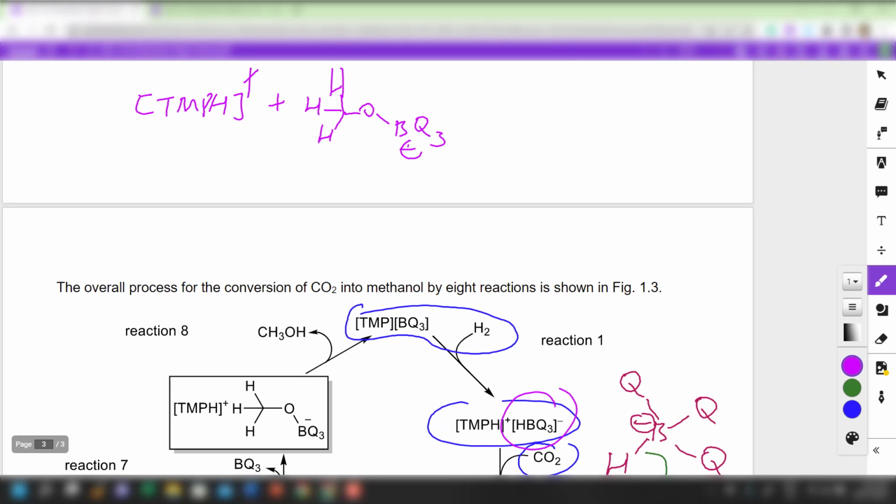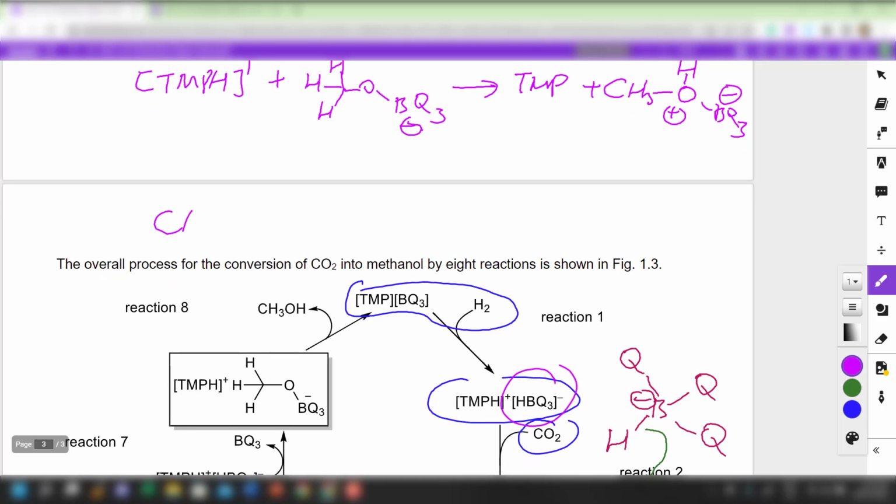Okay, and then arrow, I'm going to get TMP plus perhaps CH3, just going to write it out, O, and then H with a plus charge, and then BQ3 with a minus. Okay, and then of course the final step will be CH3OH with plus charge, BQ3 with a minus, and then of course I'm going to end up with CH3OH plus BQ3.